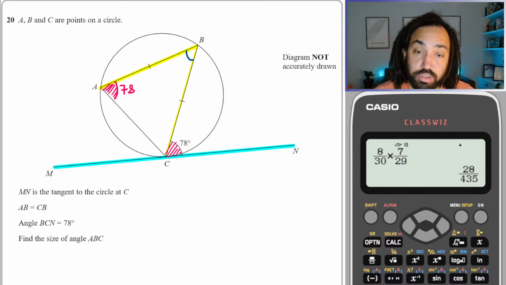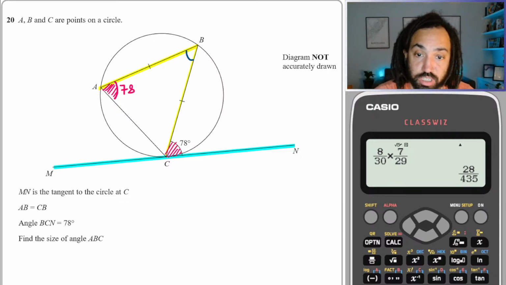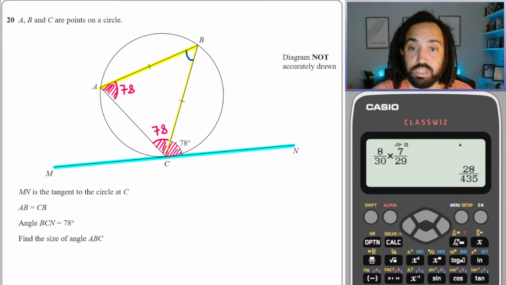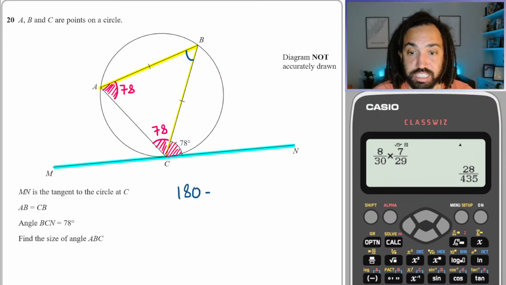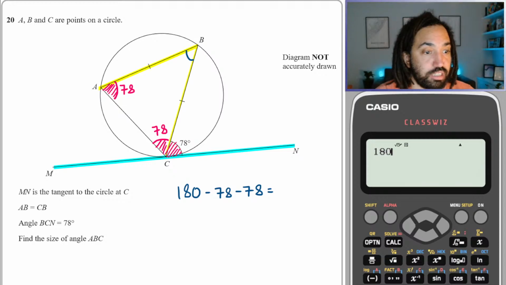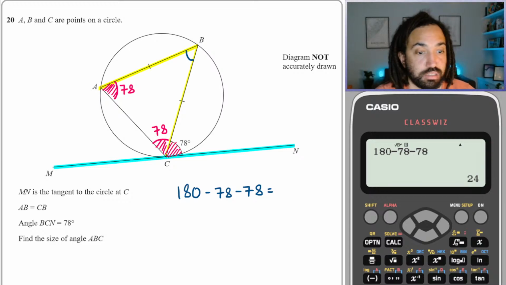Now we also know that because this is an isosceles triangle, this angle in here is also going to be 78. So the angle we're looking for is 180 minus 78 minus 78. So I do 180 minus 78 minus 78. Okay, which gives me 24.